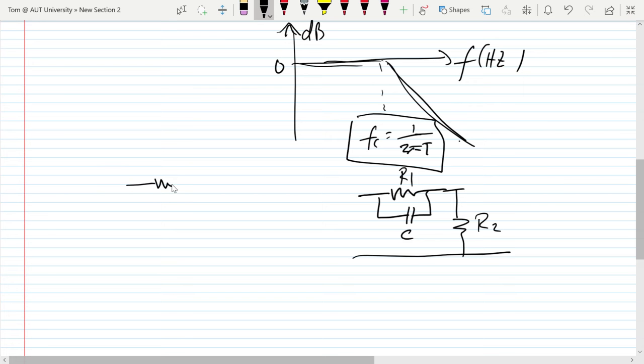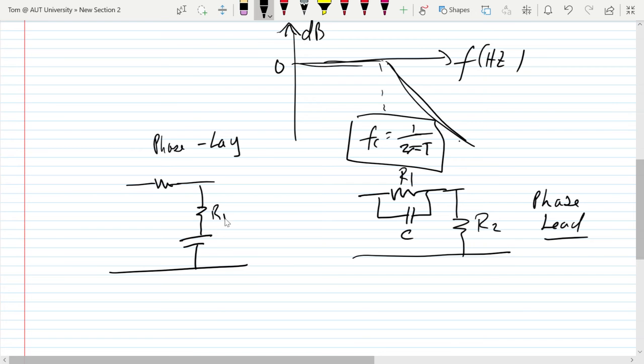Sorry, that is a phase lead. We can have a phase lag, which is this one, like R1, C1, R2.